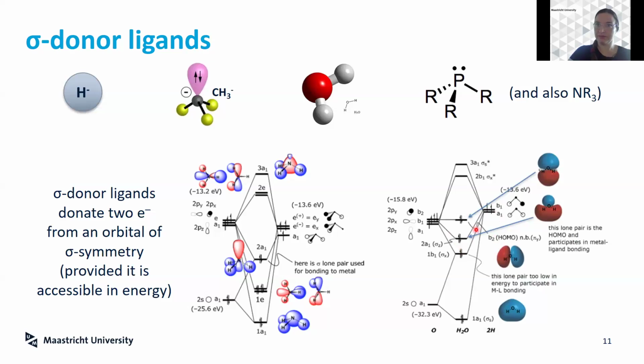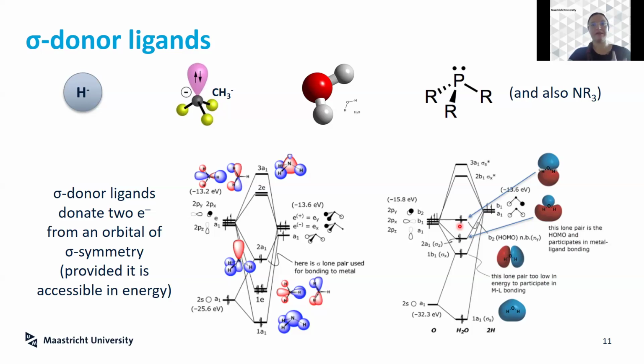The second one can actually go and participate in the bonding. This one is a non-bonding orbital, so this is your sigma ligand orbital. This one is non-bonding, so it does not have a sigma symmetry.